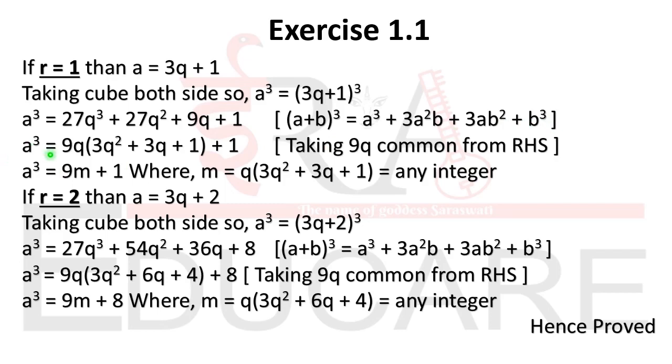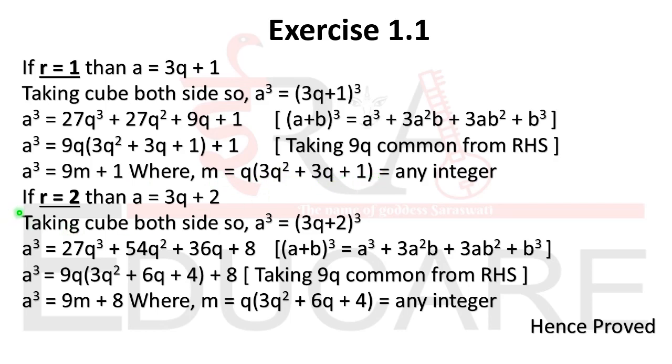Now a cube is equal to, taking 9 common, 9 times 3q cube plus 3q square plus q, plus 1. Why? Because we are taking 9 common, so you get 3q cube, 3q square and q. So again replace this term with m, so this is in the form of 9m plus 1, where m is equal to 3q cube plus 3q square plus q, which is any integer.